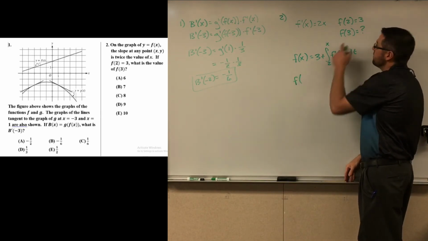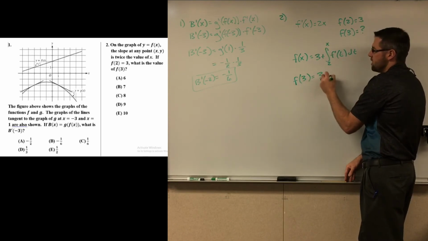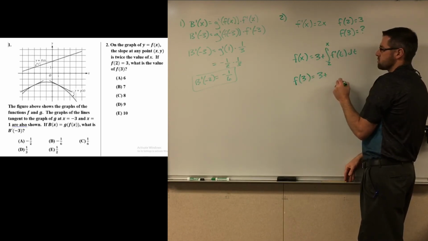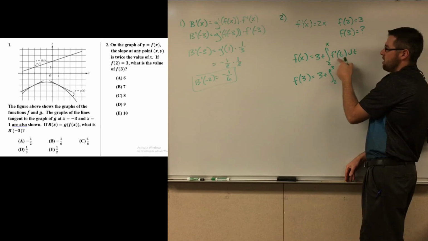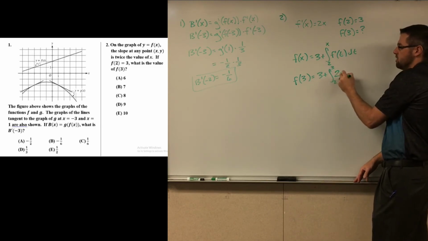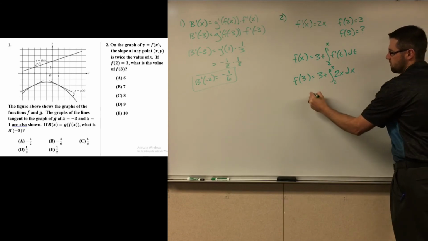So f of 3 is equal to 3 plus what? Integral from 2 to 3 of, you got f prime, so I'm going to just put 2x dx because there's no x's left. So now how do I evaluate that?